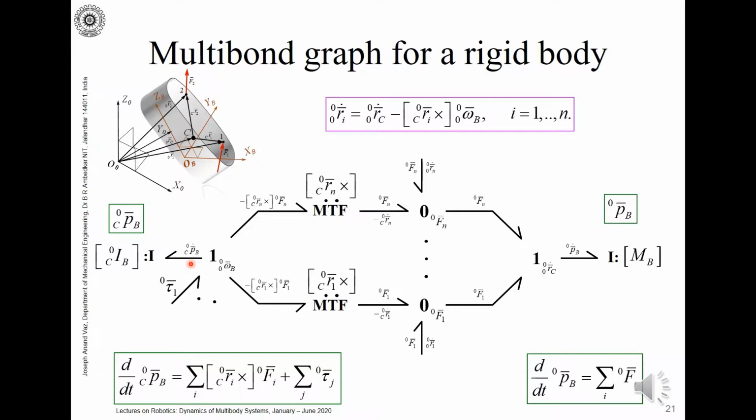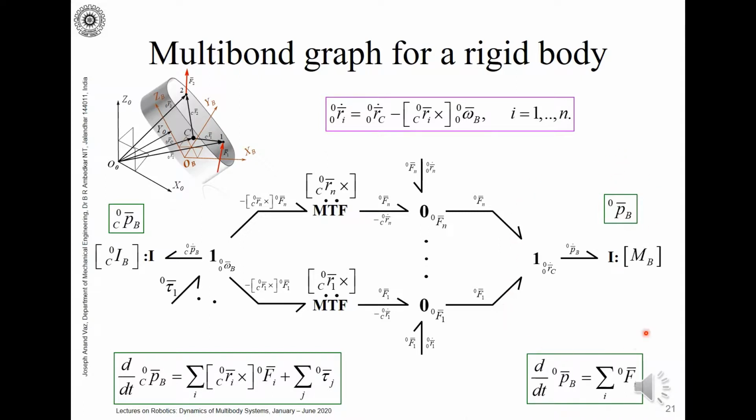So the rate of change of the angular momentum of this body is given by the resultant of the moments of these forces plus the moments of the couples or the torques, summation of the torques over here.